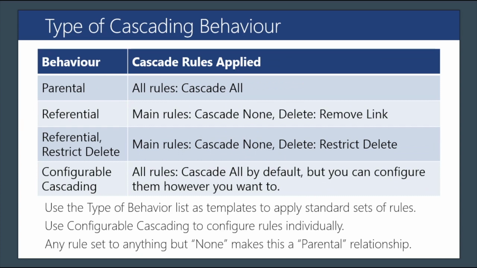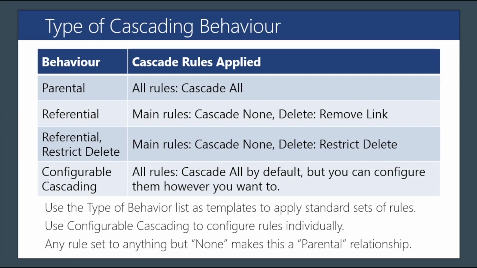So we talked about the parental relationship just a minute ago. What does that really mean? Basically, in a parental relationship, all rules apply. Cascade all is the normal behavior that happens there. If it's referential, there are some basic rules that apply, but it does not cascade.